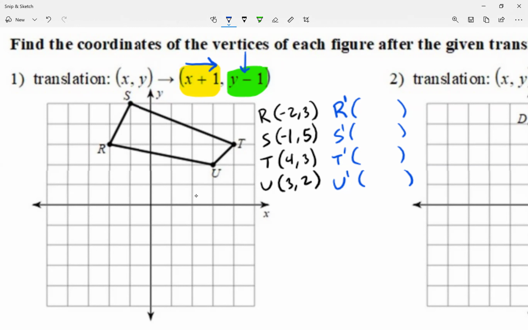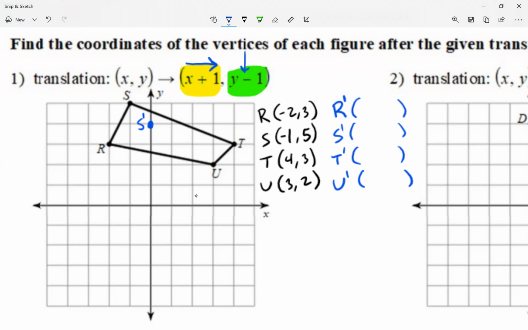So what this question number one says, we're going to move each of my initial vertices one space to the right and one space down. So if I follow my point S, you guys see where point S is. Let me move it one space to the right, one space down, and that's going to be my new point S prime.